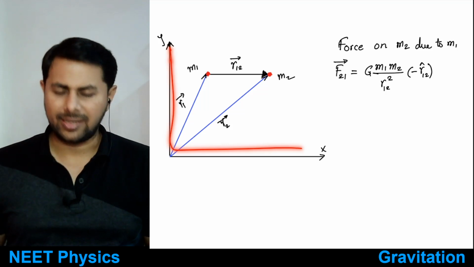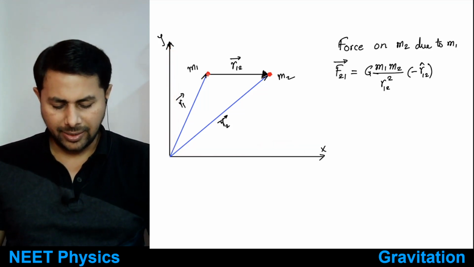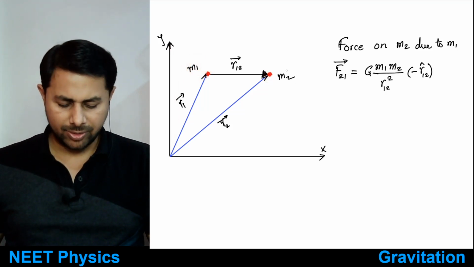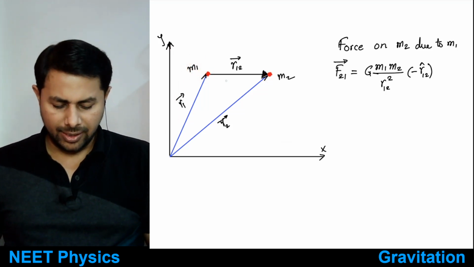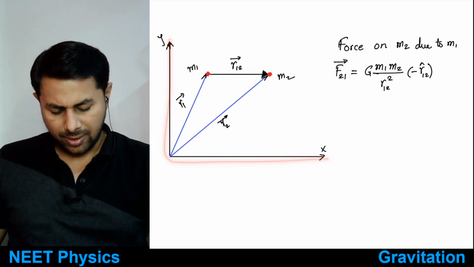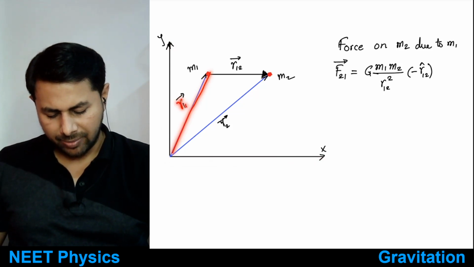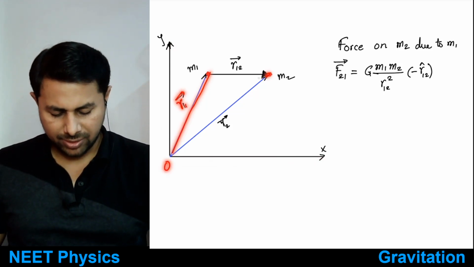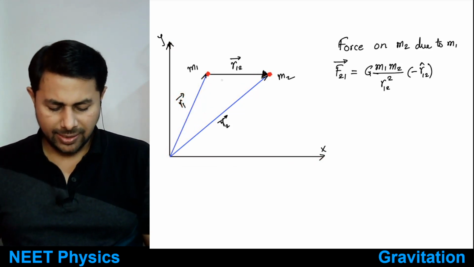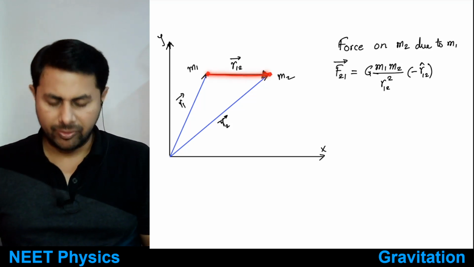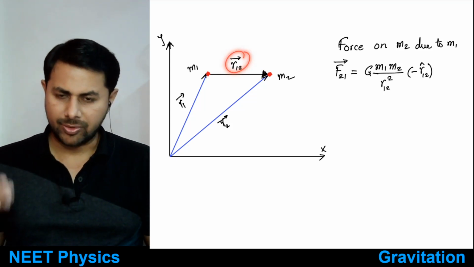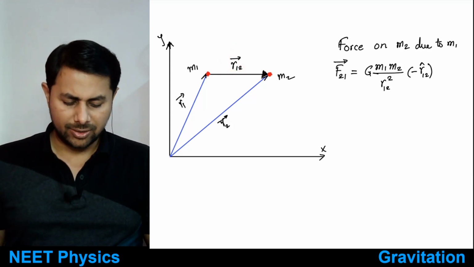Suppose this kind of diagram is drawn, and this is a body whose mass is m1, and this is a body whose mass is m2. They are separated by some distance. This is our coordinate system. m1 is at position r1 bar from the origin, m2 is at position r2 bar from the origin. Then we can say that the vector directed from m1 to m2 is r12 bar. What is that?